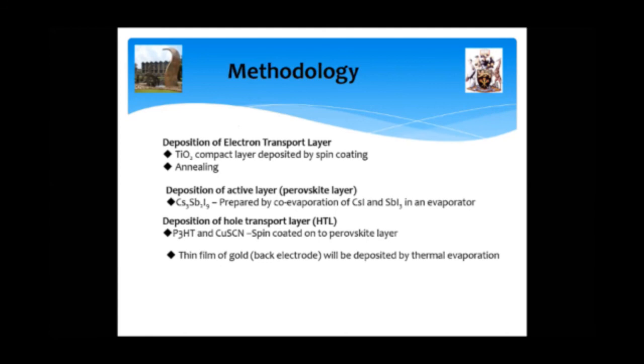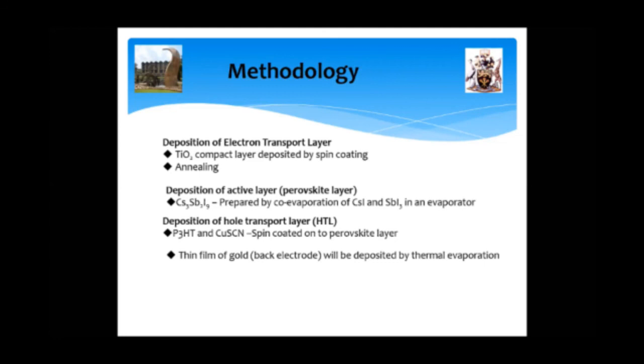Now, we will deposit the various layers of the perovskite solar cell. First of all, we shall deposit the electron transport layer, for which we shall use titanium dioxide as the compact layer, and this will be deposited by the spin coating technique. After depositing the compact layer of titanium dioxide, we shall anneal the film.